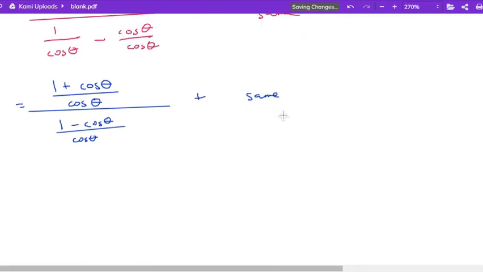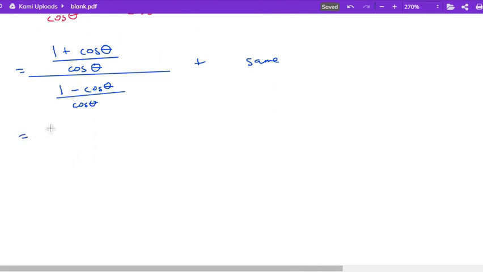Now, because I'm dividing fractions, I can take those rational expressions, and instead of dividing, I will multiply by the reciprocal.